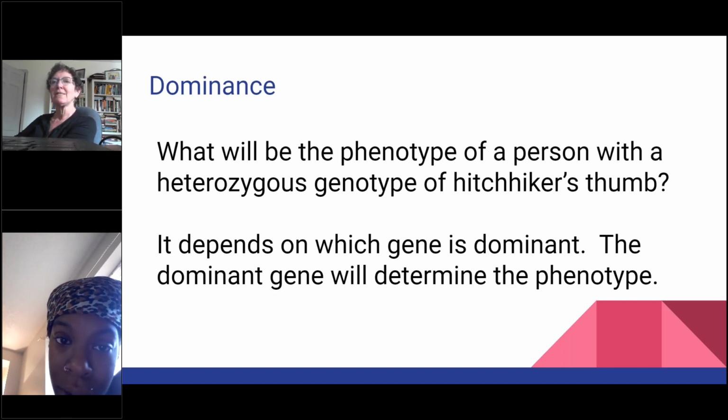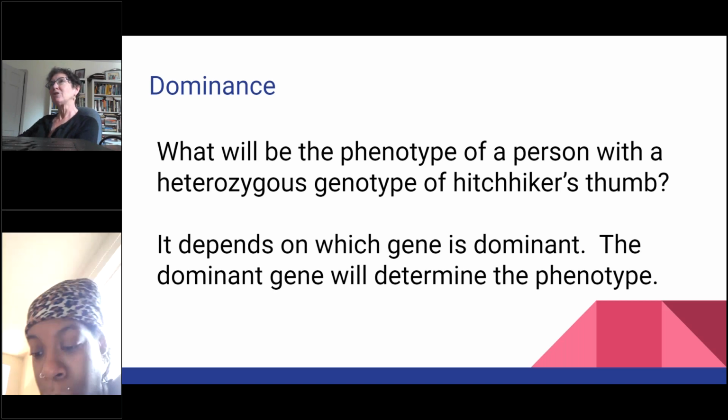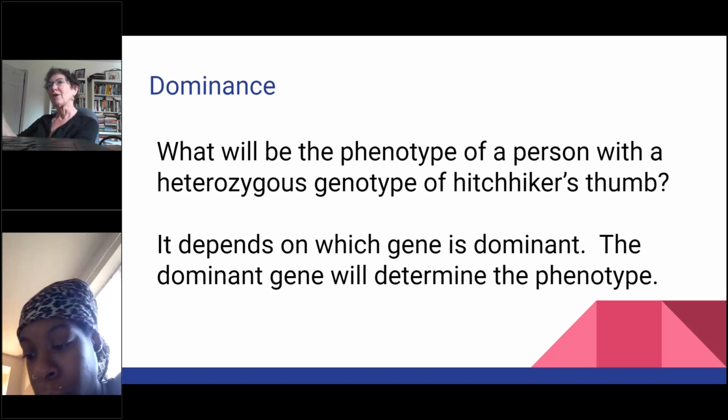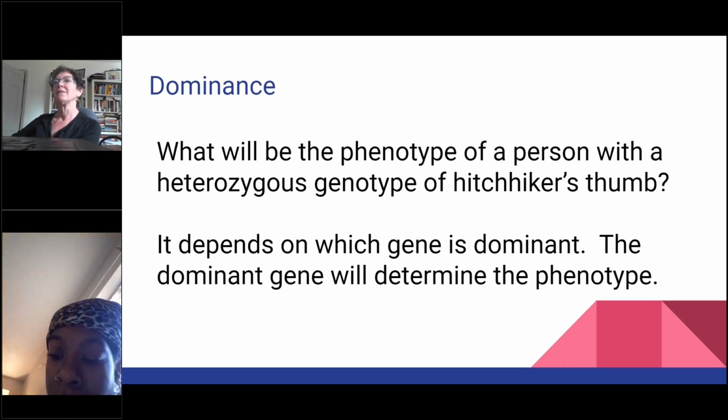So dominant means it gets the say. It's like the parent gene making the child gene say, never mind, sit down and be quiet. I'm in charge here. So dominance is determining the phenotype, what the organism will actually look like.